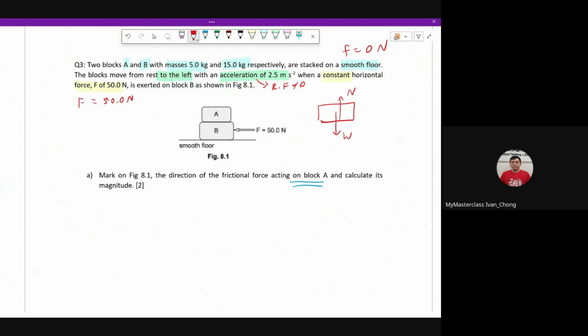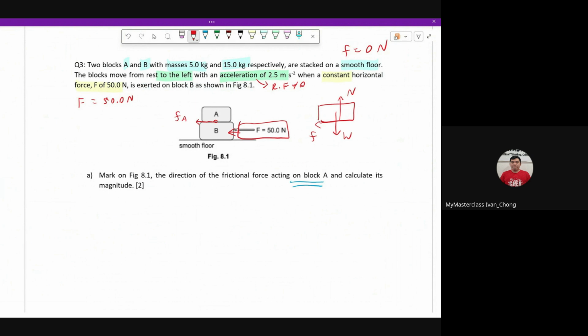It must be your friction, because the force is only for B. There's no applied force on A. So what is actually pulling A forward? It must be the friction. So we'll draw it. This is the friction of A. It must be towards the left.